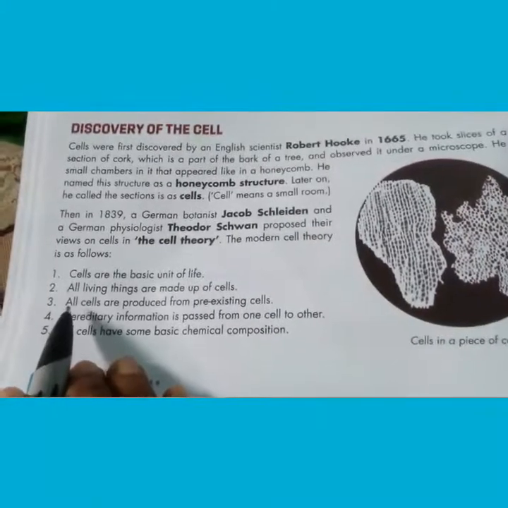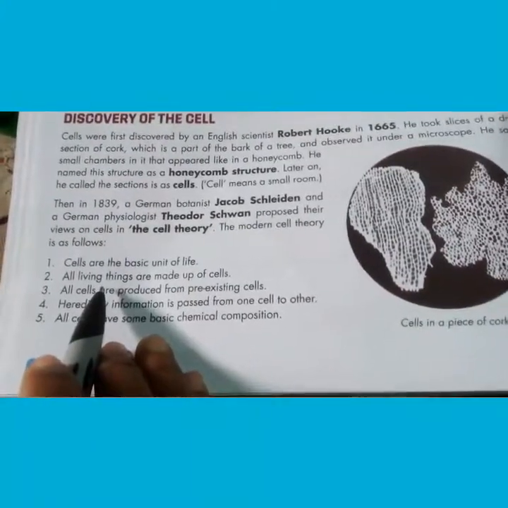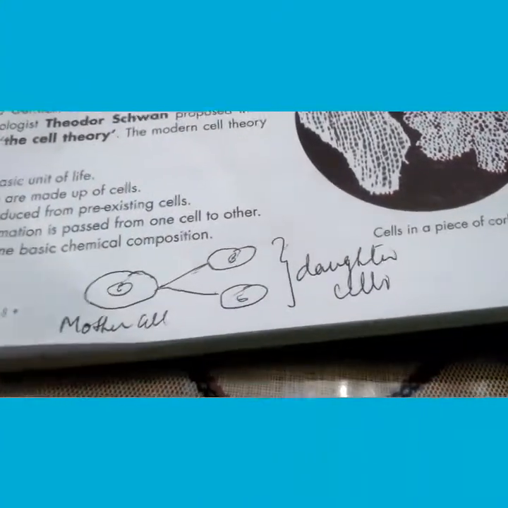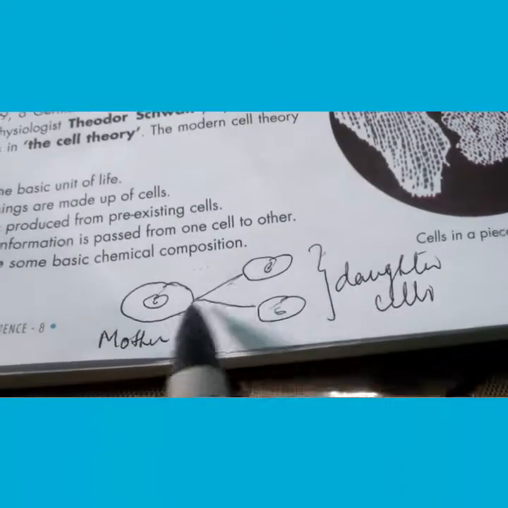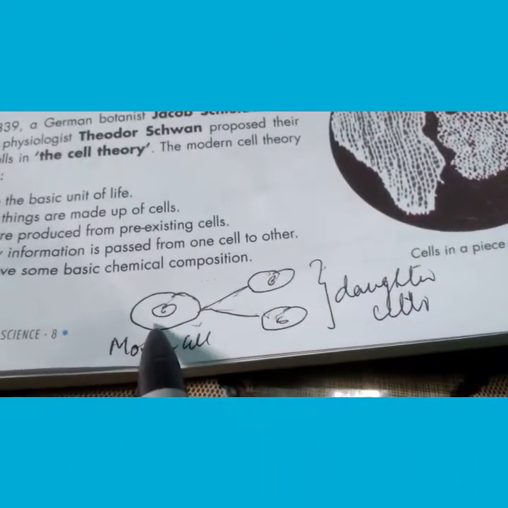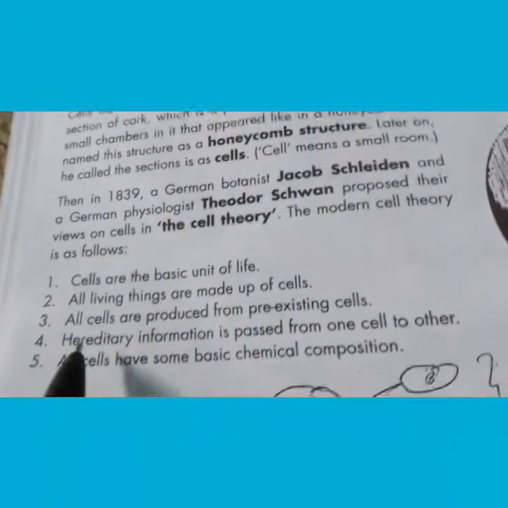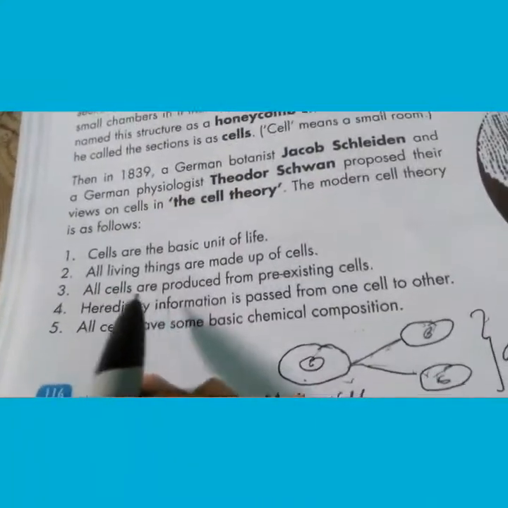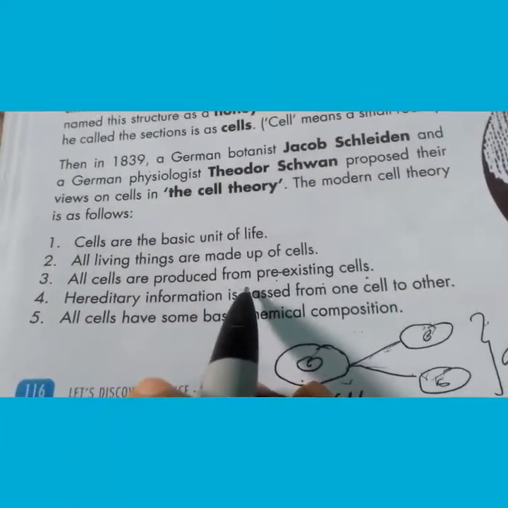That means one cell can make another cell. You can see here one cell dividing into two daughter cells. This is called the mother cell, and these two are called daughter cells. So scientists say that all cells are produced from pre-existing cells.